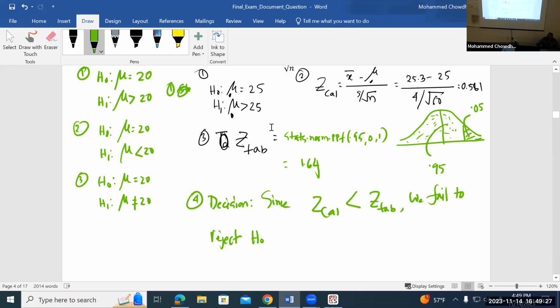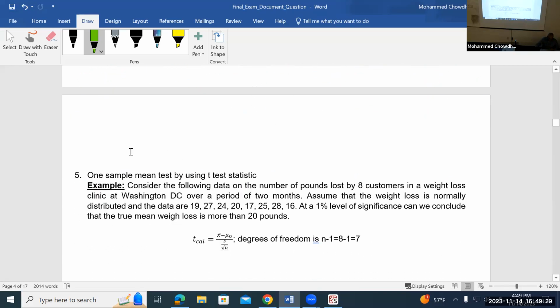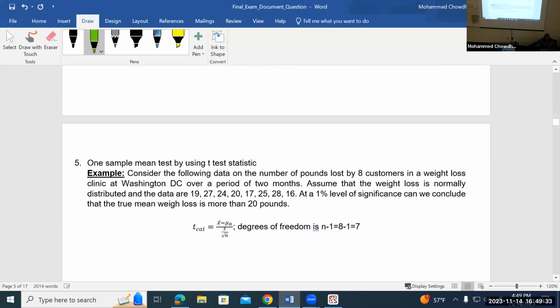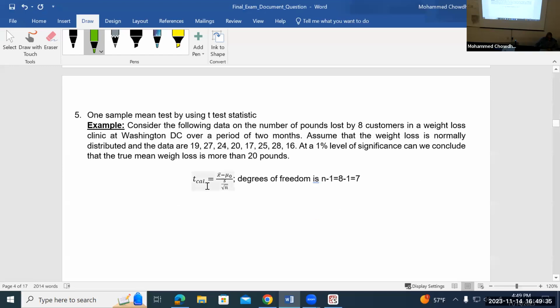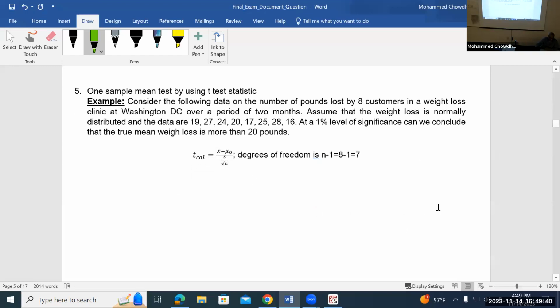Okay. Now come to the next problem. One sample test using t-test statistics. In this case, consider the following data on the number of pounds lost by 8 customers in a weight loss clinic at Washington, D.C., over a period of 2 months.